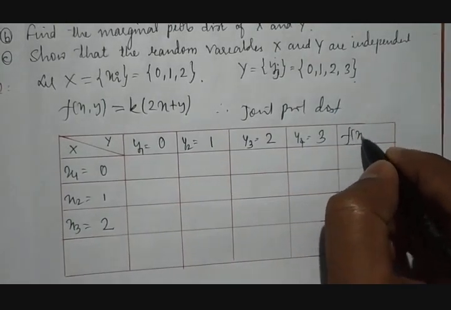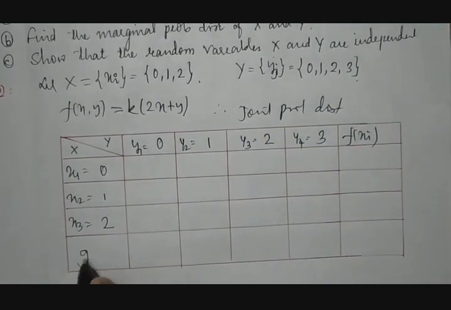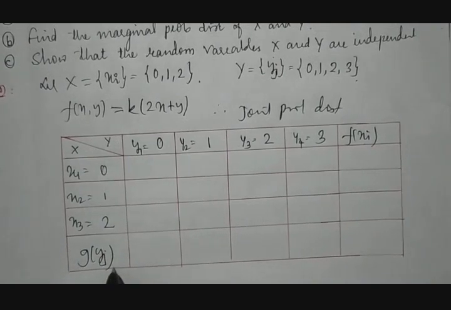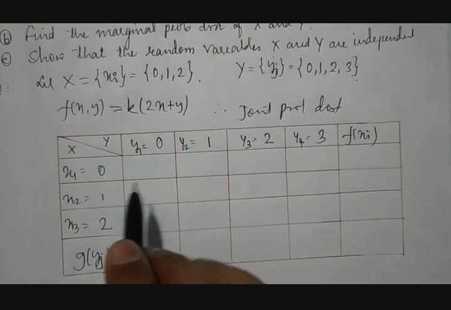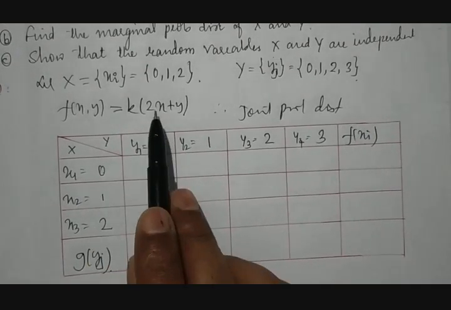This will be f of xi and this will be g of yj. We need to get its middle values. How is it possible to get a middle value? Put x is 0, y is 0 here.